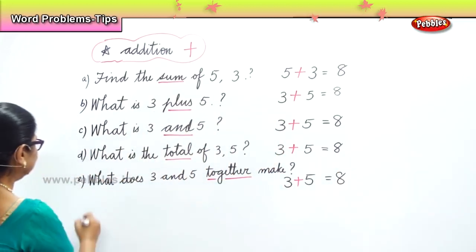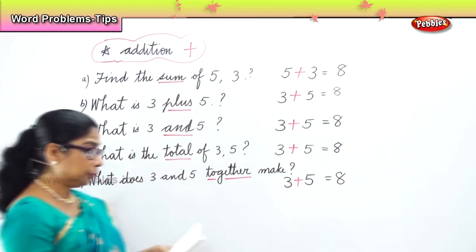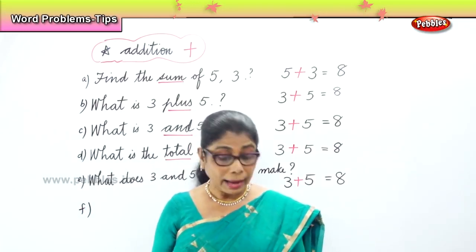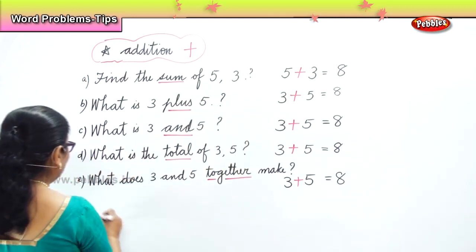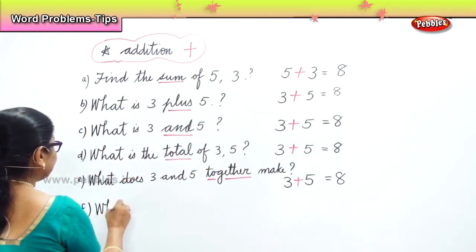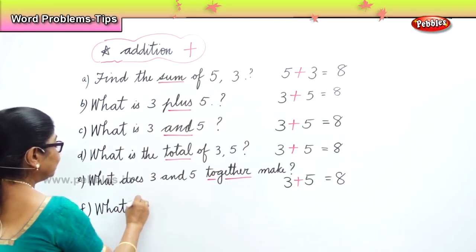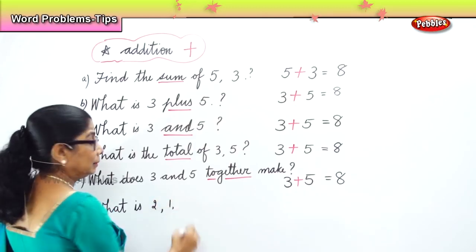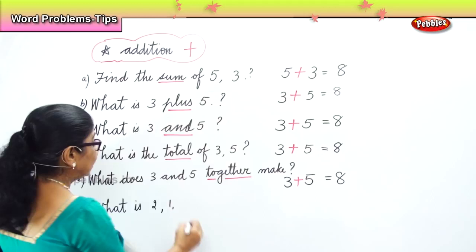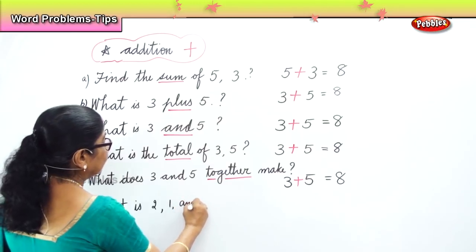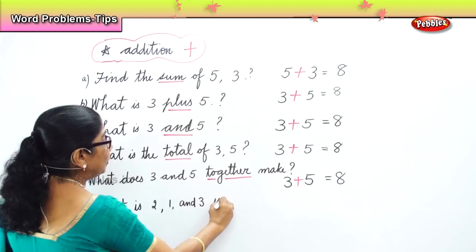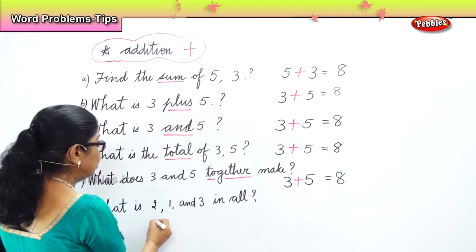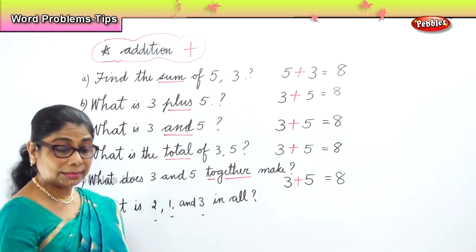Now, another small problem for you. What are 2, 1 and 3 in all? I'm going to give you 3 numbers now. 2, 1 and 3 in all make what?